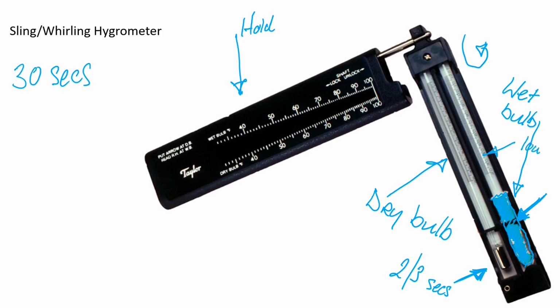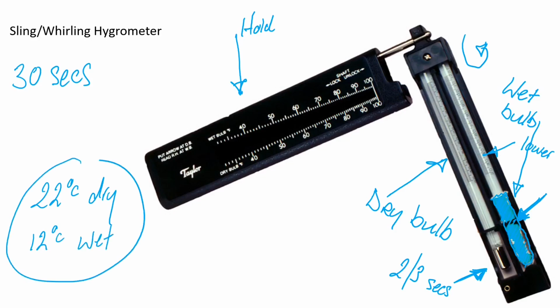Because the water evaporates quickly, let's say the dry bulb was at 22 degrees, and let's say that the wet bulb evaporated very quickly and gave a reading of, let's say, 12 degrees wet. In fact, we'll take a look at these measurements shortly. We'll see what that actually is on the psychrometric chart.